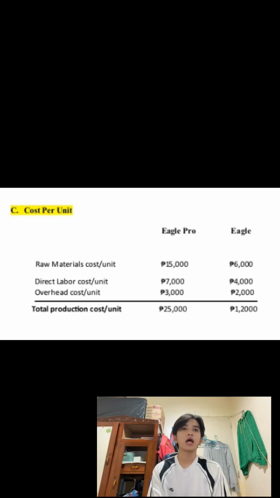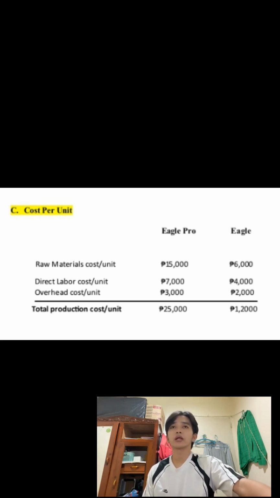So to compute the assumed cost per unit, add up raw materials cost per unit, direct labor cost per unit, and overhead cost per unit to get the total production cost per unit. As you can see, the raw materials cost per unit in Eagle is 6,000 and in Eagle Pro is 15,000.